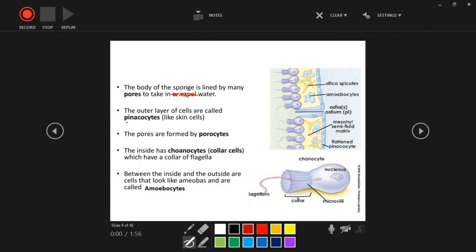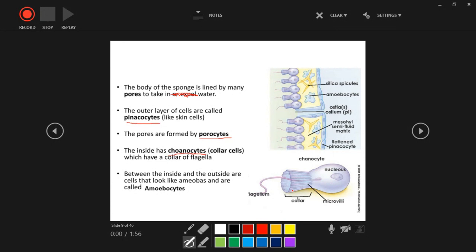Here we have pinacocytes, again, like skin. The cells of the pores are porocytes. Choanocytes are the collar cells, and this is the choanocyte that lines the inside. It looks like a choanoflagellate, but it is not.